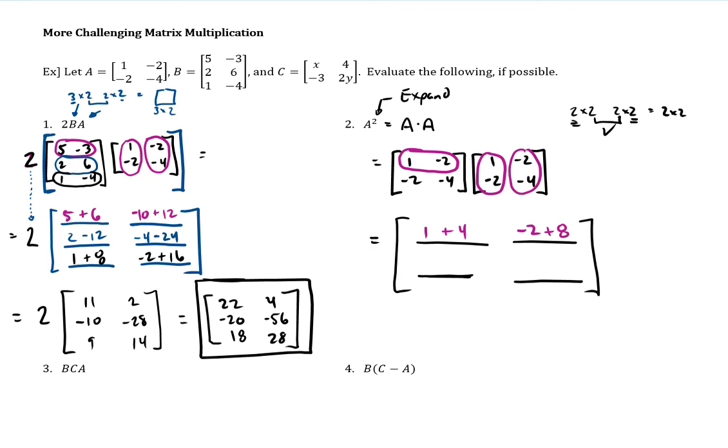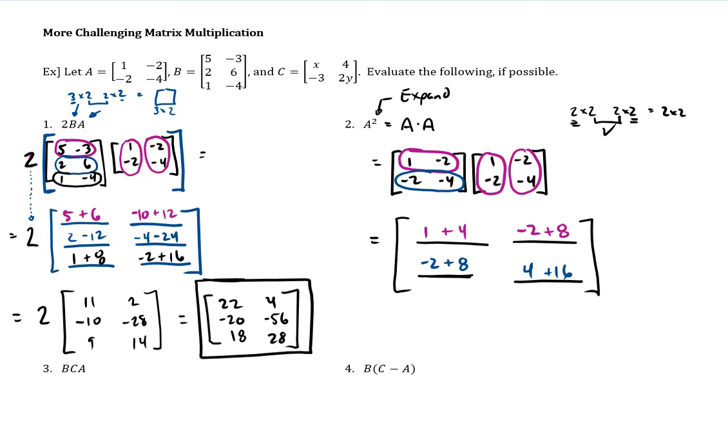And then let's get our last row here, multiply it by those two columns. So negative 2 times 1 is negative 2. Negative 4 and negative 2 would be plus 8. And then one more time, negative 2 and negative 2 is 4. Negative 4 and negative 4 would be plus 16. All right, so there they all are.